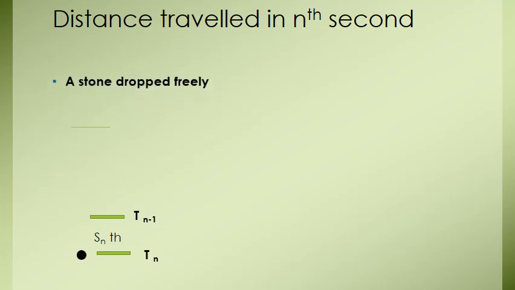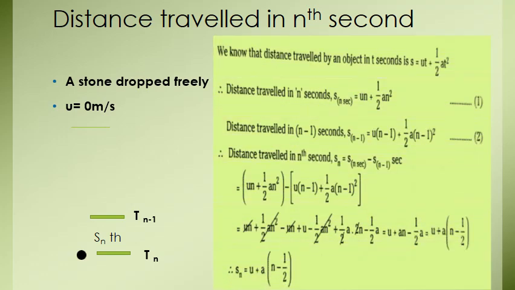So a stone is dropped freely from a certain height. Already you learned that the initial velocity of a freely falling body is always 0. Suppose you jump from a table, your velocity is 0, and then you increase your velocity while falling down, isn't it? So initial velocity is 0 meters per second, and we want to calculate the distance traveled in nth second, isn't it?